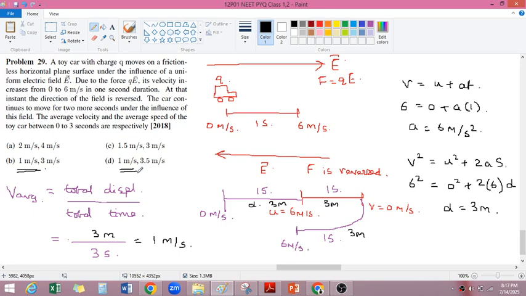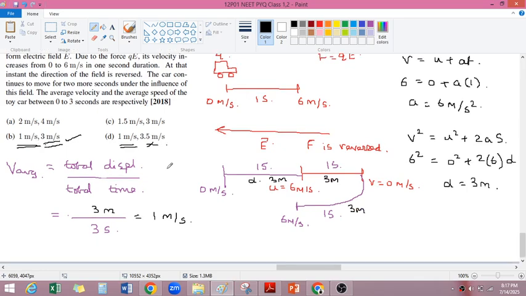Once you find this, average speed is very easy. Why? Because the total distance is 3 plus 3 plus 3, so it will be 9. 9 divided by 3 means it is 3 meter per second. This is your correct answer. This is wrong. For your advantage, maybe I can write quickly. Average speed is equal to total distance divided by total time.